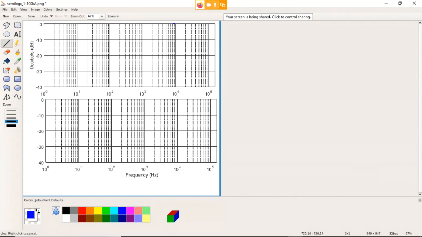This is the magnitude up here. We were right over here at the second one.